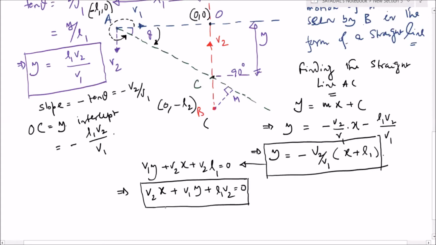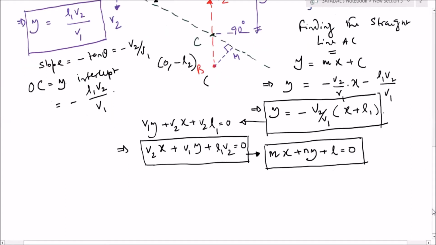This is the form. Now this straight line is in the form of mx plus ny plus l is equal to 0. Clear?